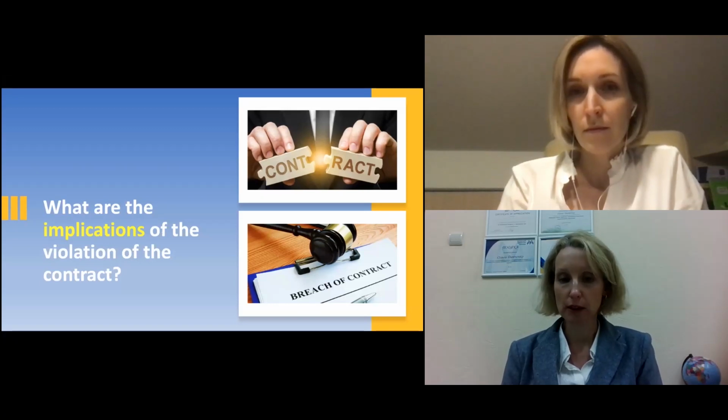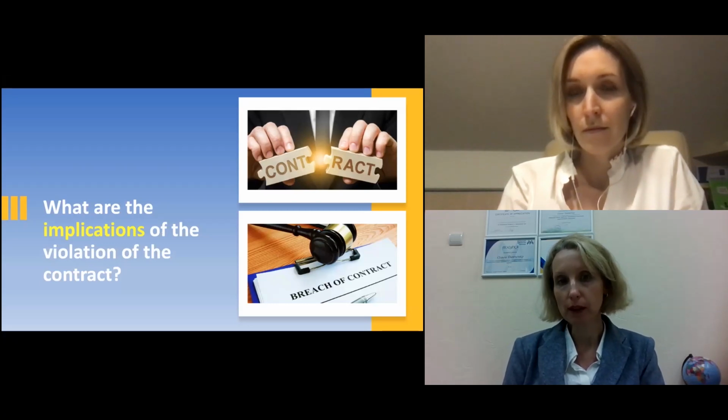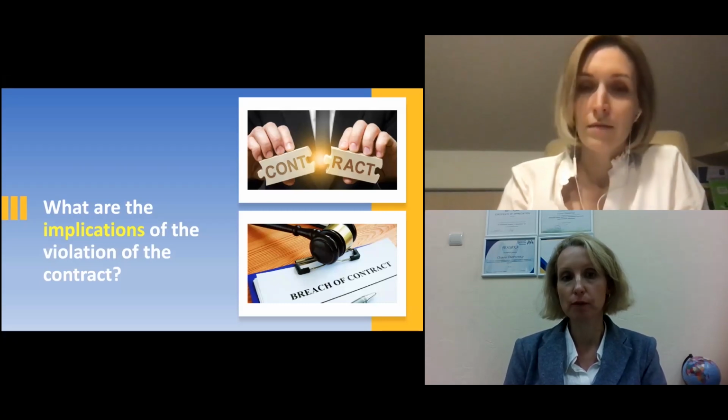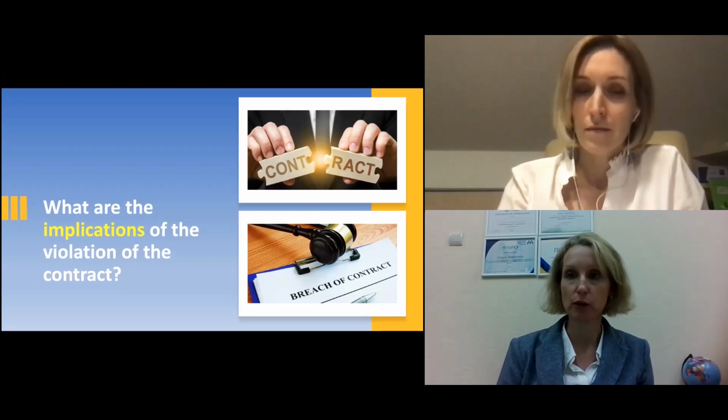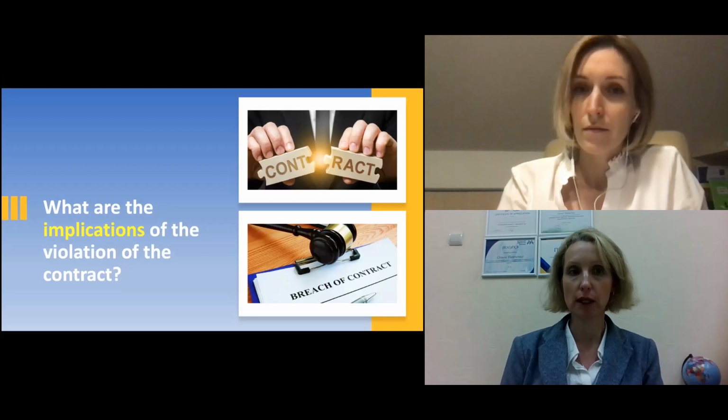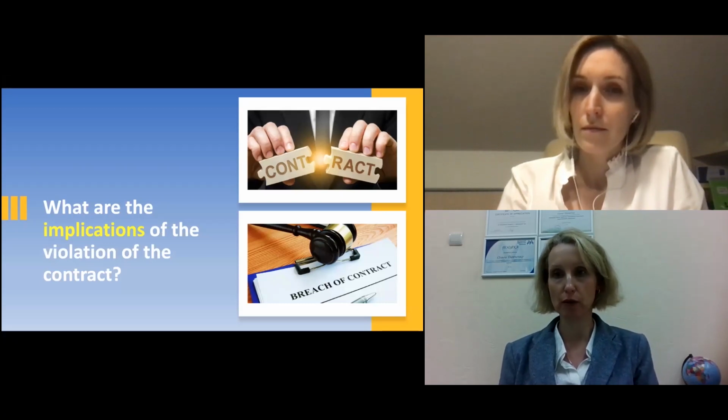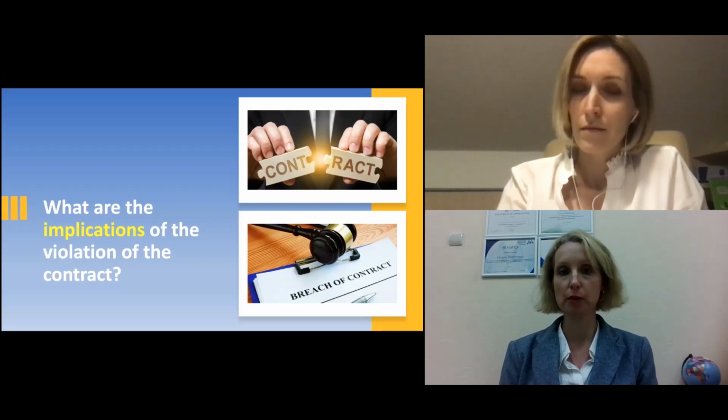Most contracts contain this item, and they usually foresee responsibility for breach of the contract from the side of the surrogate mother. For example, if the surrogate mother does not agree to move to Kyiv at the stage which is foreseen by the contract, she can be deprived of monthly payments.